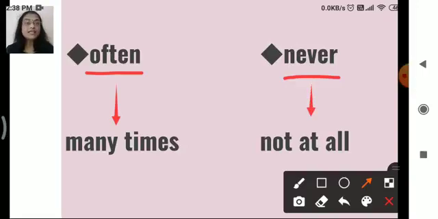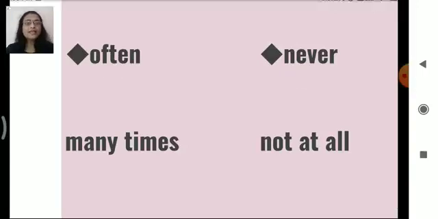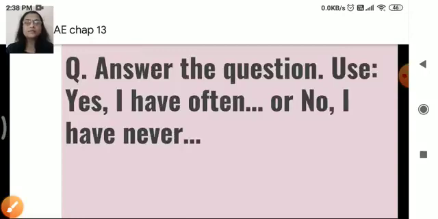Okay. That means not at all. So you should know the meaning of these two when you are writing the next exercise, when we are doing our next exercise. So what is often? Many times, always. Okay. And then never means never, not at all. Followed here? Okay. Now let's solve the exercises using these two words.